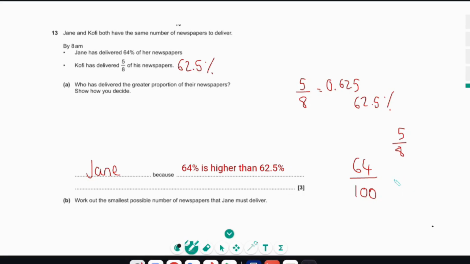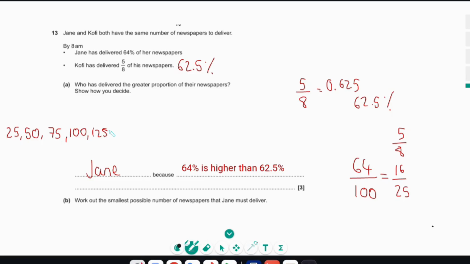If I simplify 64 over 100, I get 16 over 25. So we want the lowest common multiple of 8 and 25. 50 is not a multiple of 8, neither 75, neither is 100. 125 isn't.